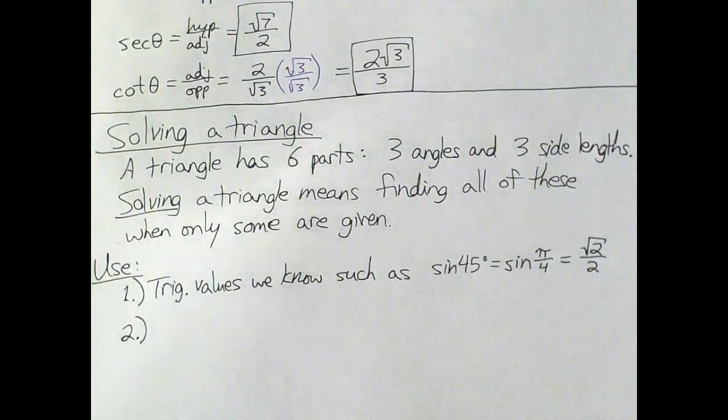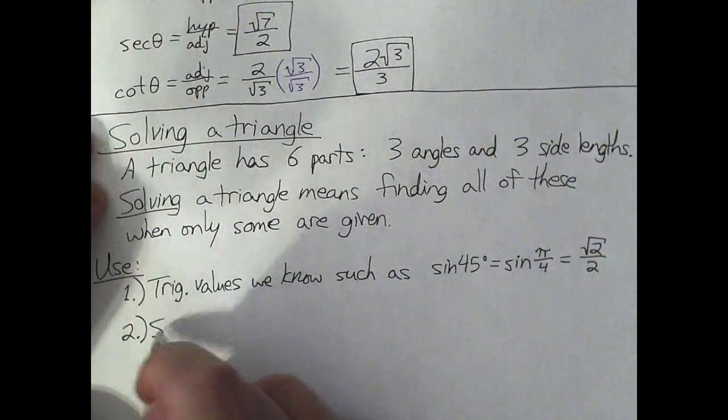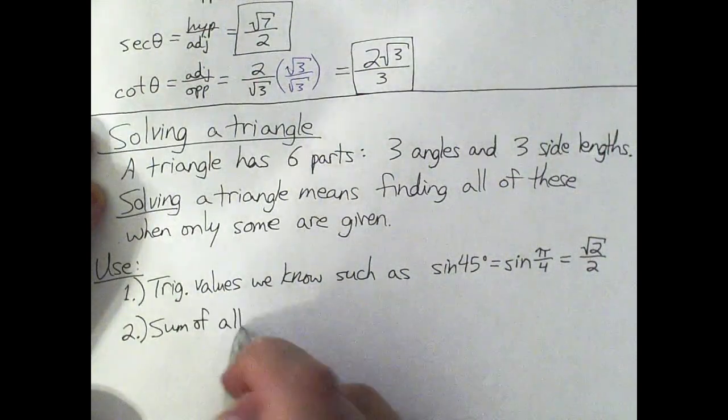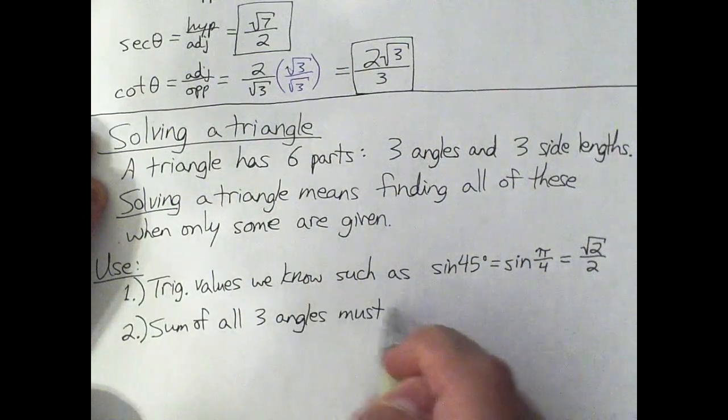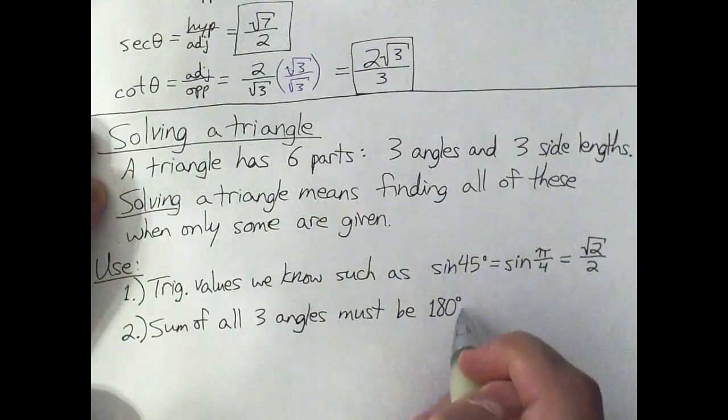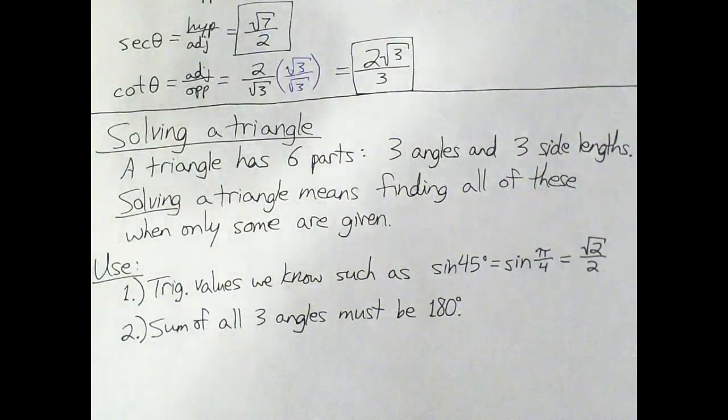Another thing that we can use, number 2, is actually going to be a really simple fact that we haven't said yet in this class. It's a fact from geometry that says the sum of all 3 angles must be 180 degrees. So that's an important fact about triangles from geometry. I guess, by the way, this is an important fact in Euclidean geometry.